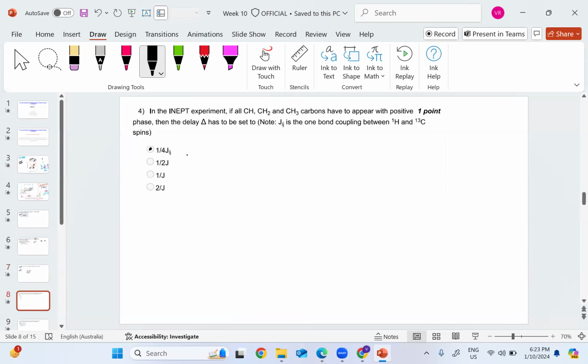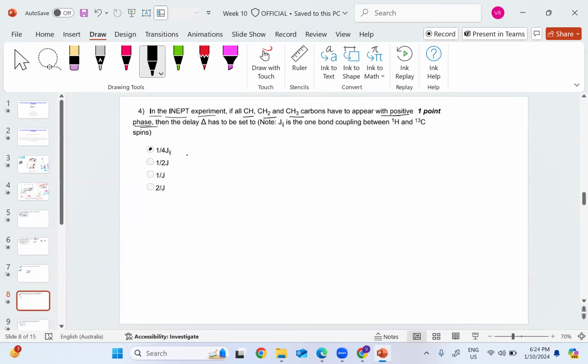The next question is given in the INEPT experiment. If CH2 and CH3 carbons have to appear with positive phase, then the delay delta has to be set to.